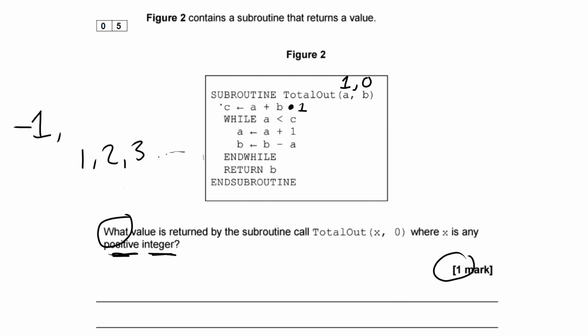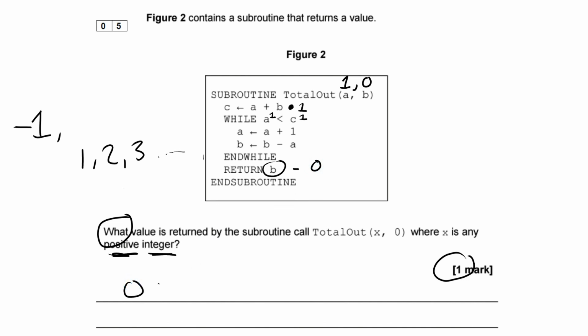C we know is 1, A we know is 1. Can A be less than C? No, it can't. So this while loop will not run in this situation. So B will be returned, and B is 0. So 0 will be returned.